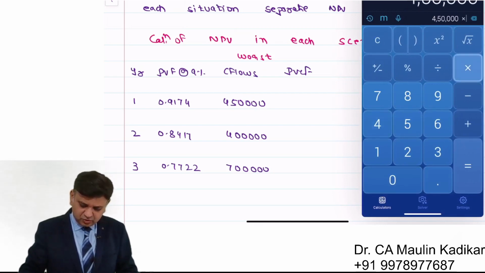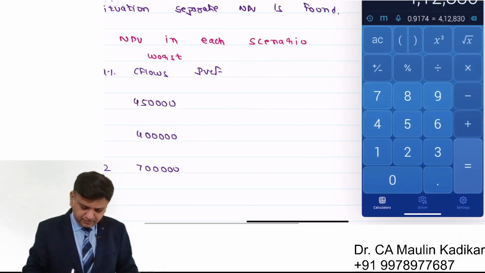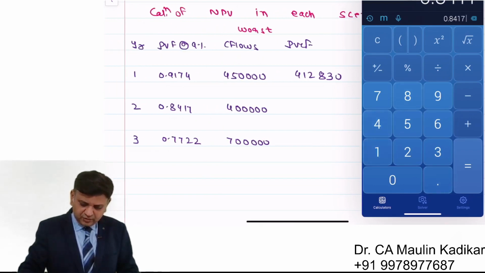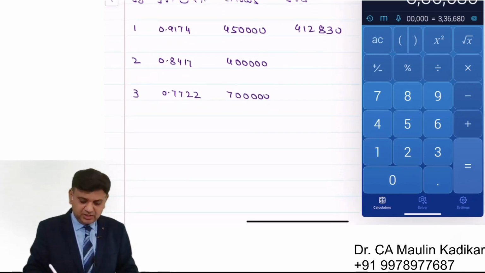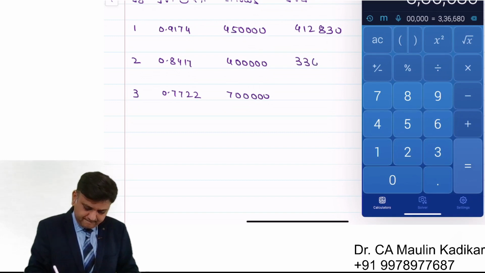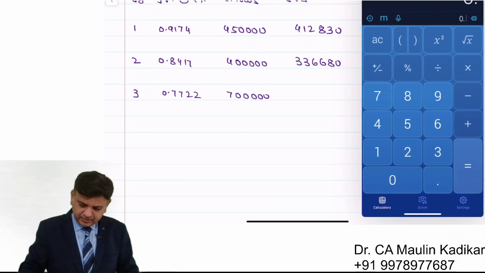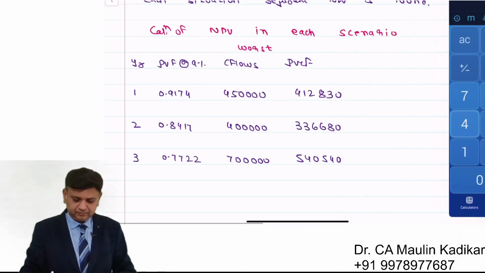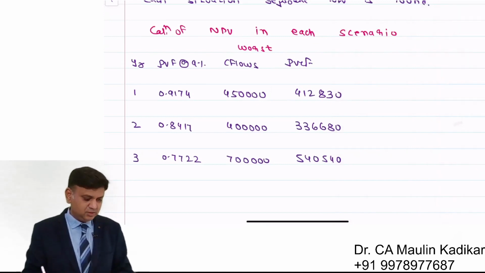So 4,50,000 into 0.9174 is 4,12,830. 0.8417 into 4 lakhs is 3,36,680. 0.7722 into 7 lakhs is 5,40,540. This is in case of worst.